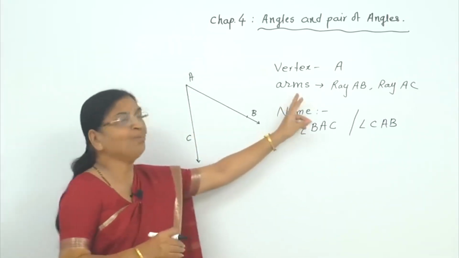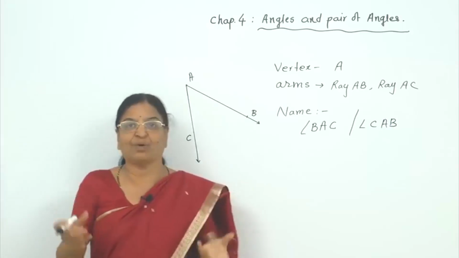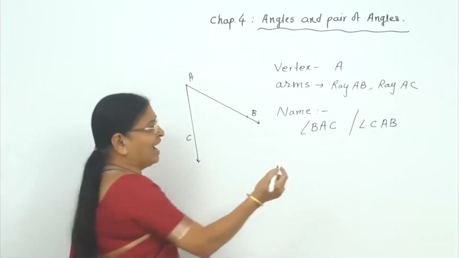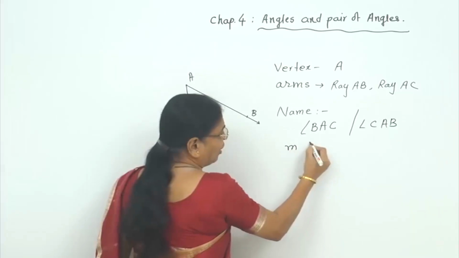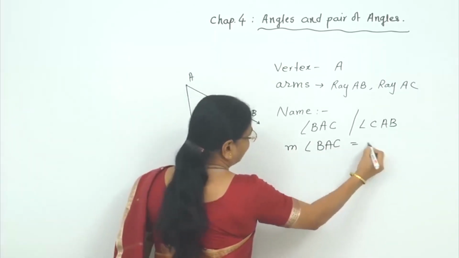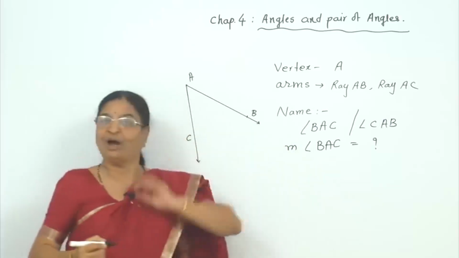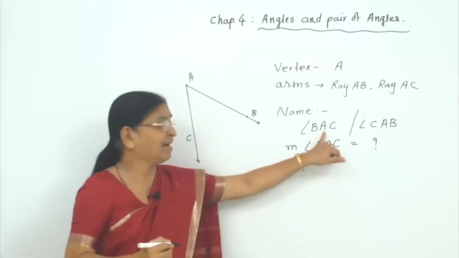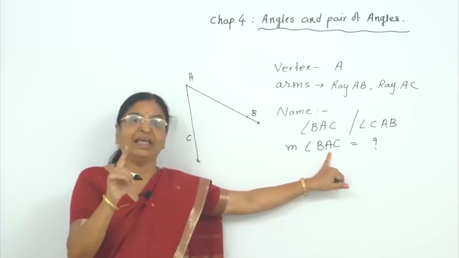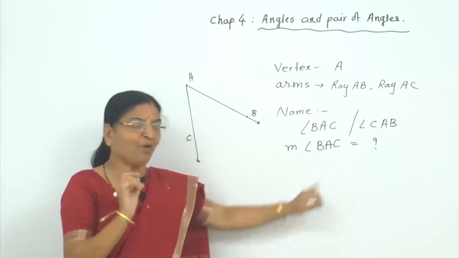And you know how to measure these angles. With the protractor, you can measure the angle also and write measure of angle BAC is equal to whatever you have found out. See here, this vertex should always be in the middle. What is its importance?